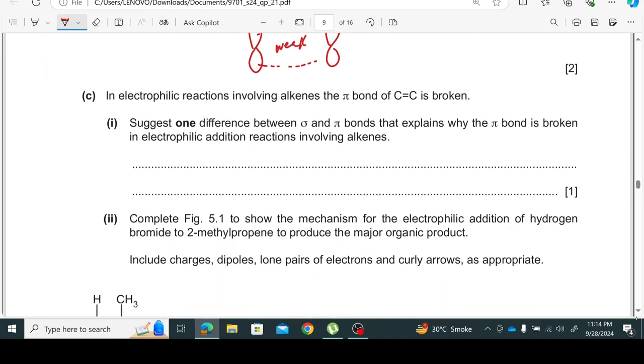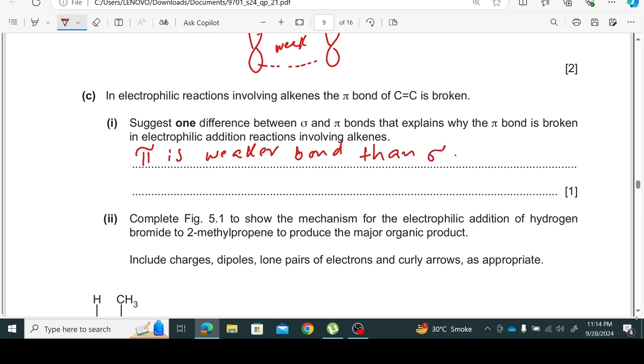So just one difference between sigma and pi bond. Explain why the pi bond is broken in electrophilic addition reactions involving alkene. Because it is a weak bond, pi is a weaker bond than sigma. Understand?